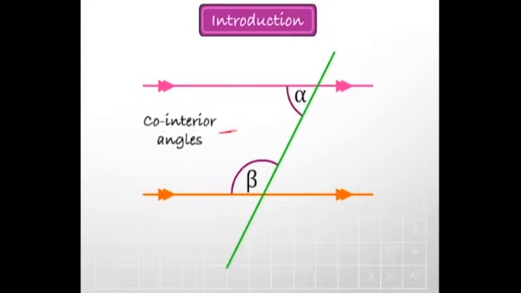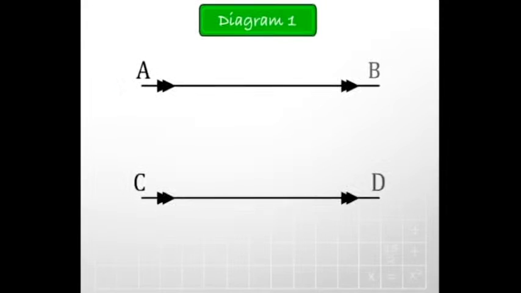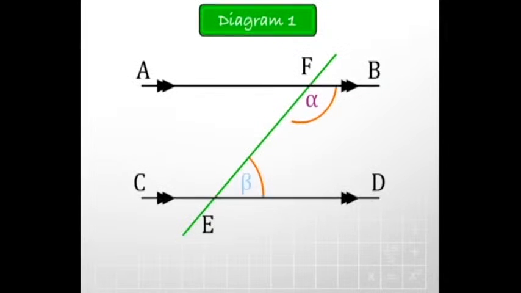Co-interior angles are the pair of angles on one side of the transversal inside of the two parallel lines. Let's look at diagram 1. Angle alpha and angle beta are co-interior angles.